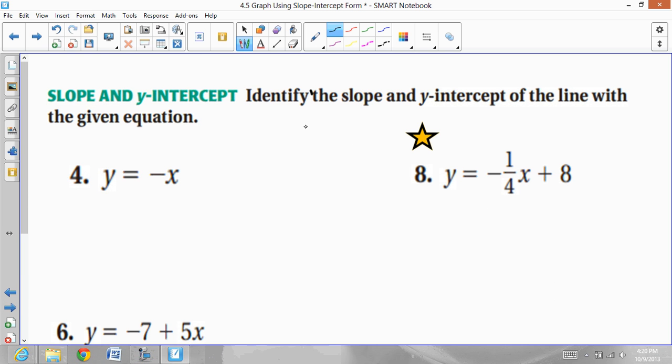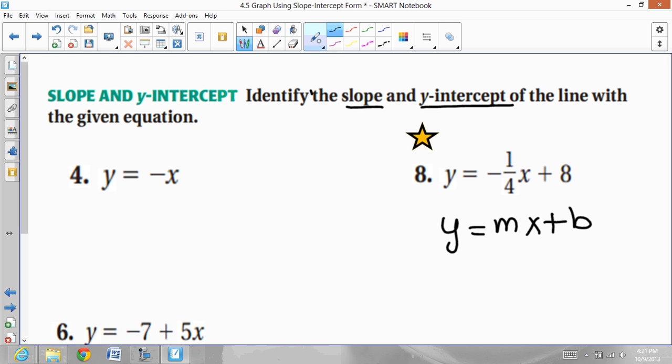So let's focus on question number 8. Identify the slope and the y-intercept of the line with the given equation. So you got an equation y equals negative 1/4 x plus 8. The question is a straightforward one where they are just asking you to find the slope and the y-intercept. To do that, you need to recognize the formula, which is y is equal to mx plus b.